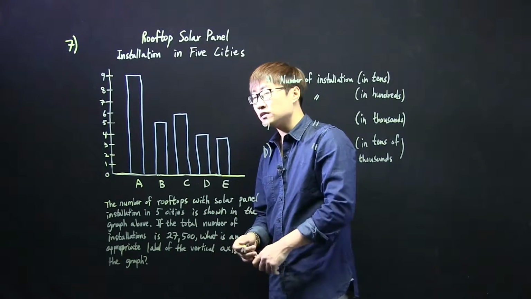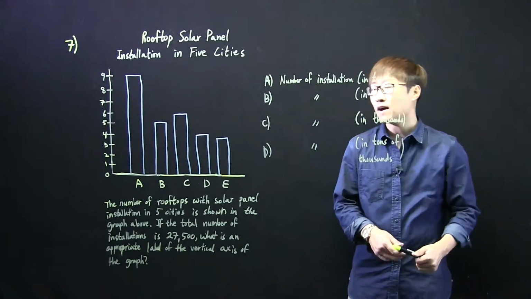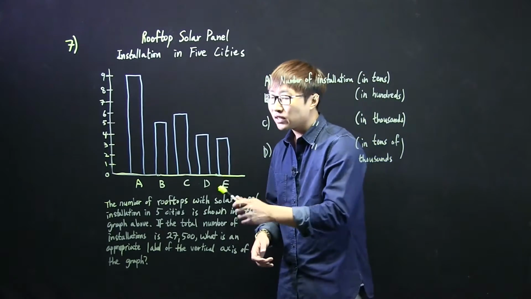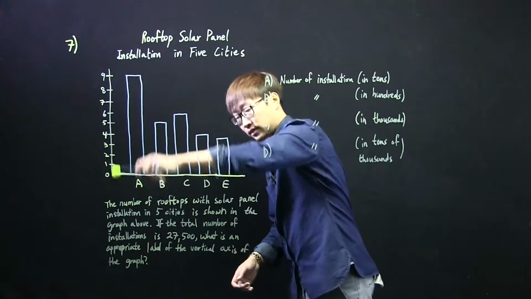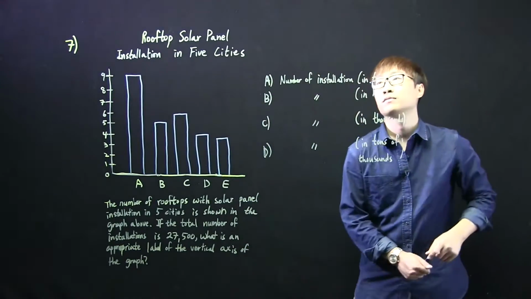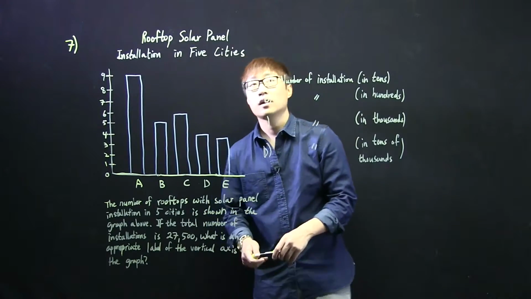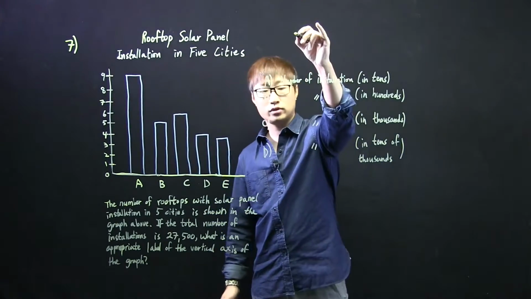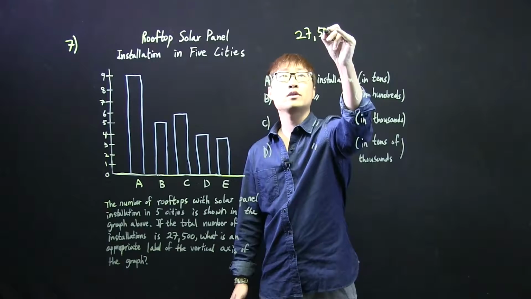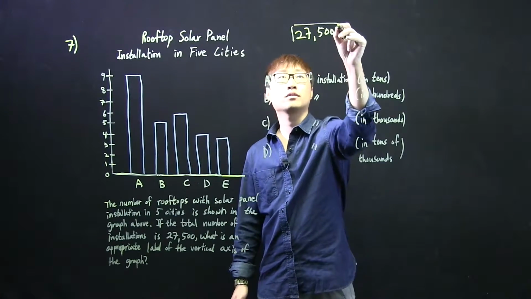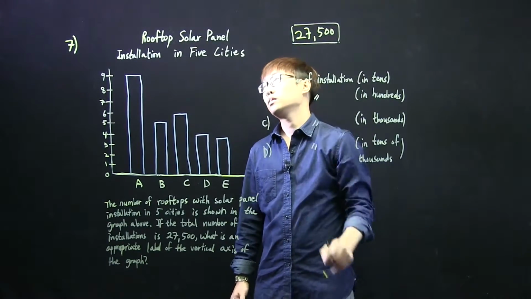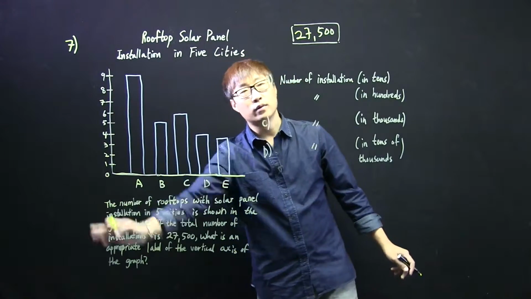If the total number of installations is 27,500, what is an appropriate label of the vertical axis of the graph? Okay, so these are the 5 cities, A, B, C, D, E. And the total is supposed to be 27,500, right? And we want to find out what should be the label on the vertical axis.